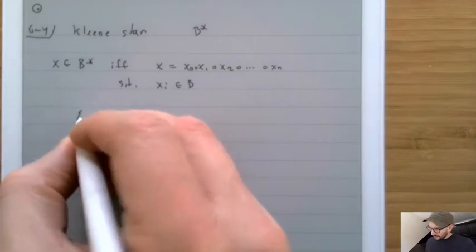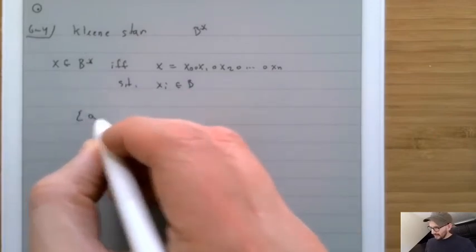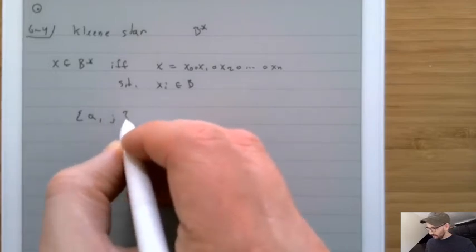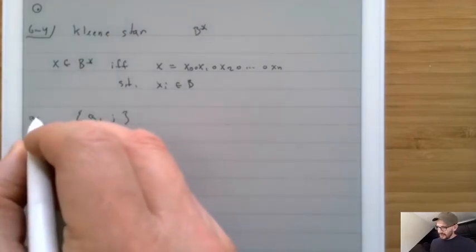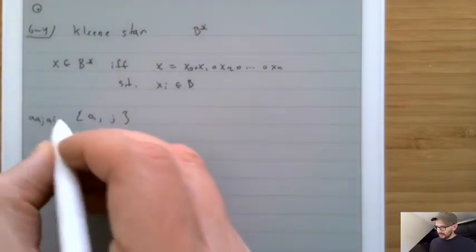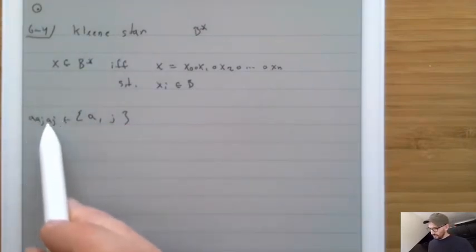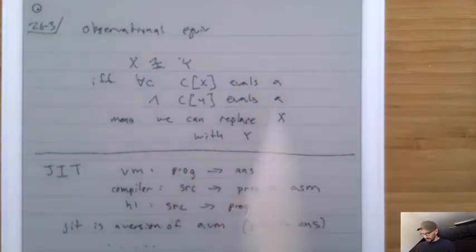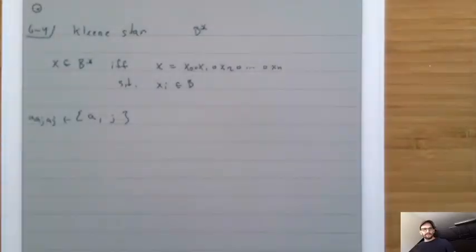Suppose that B was the set A, J, then something that would be inside of this would be A, J, J. That would be inside of there because it could be broken up into 1, 2, 3, 4, 5 different substrings where each one of them was inside of it.